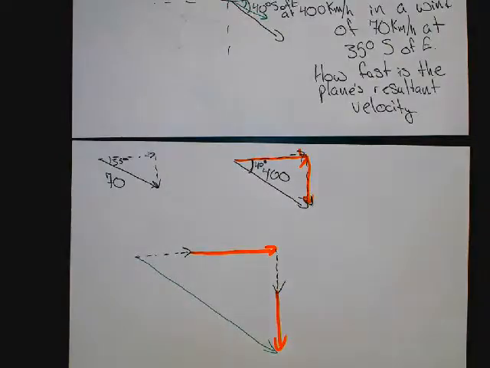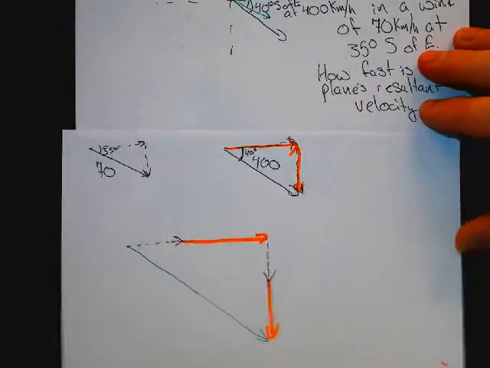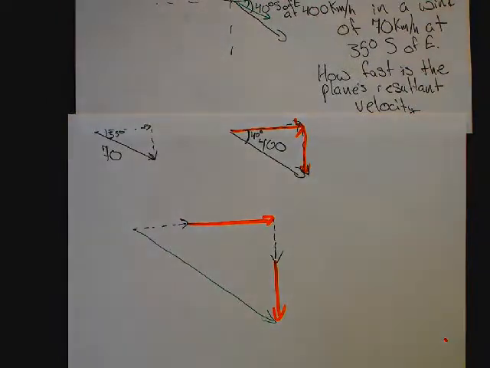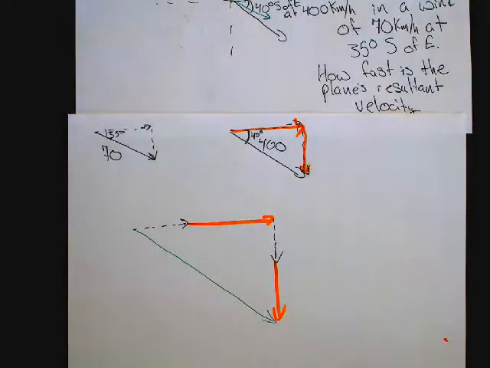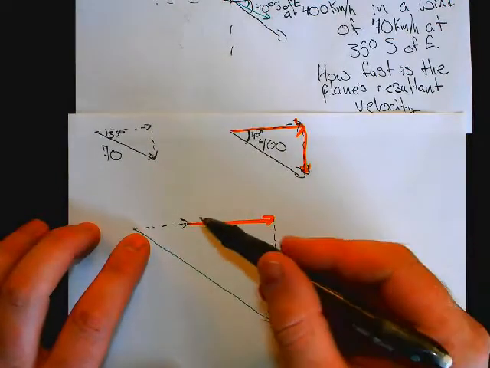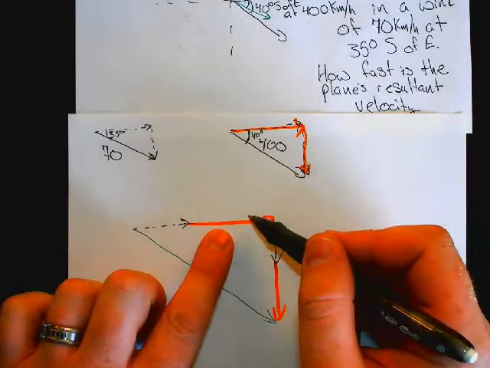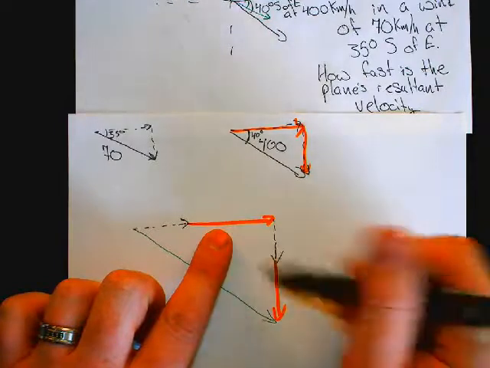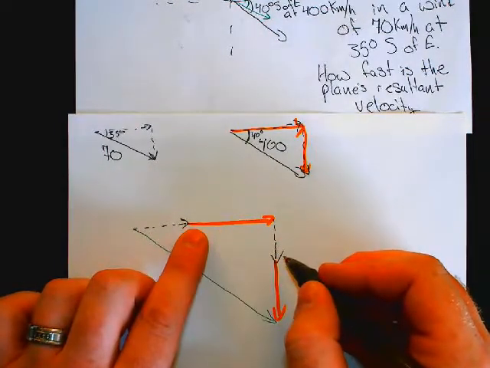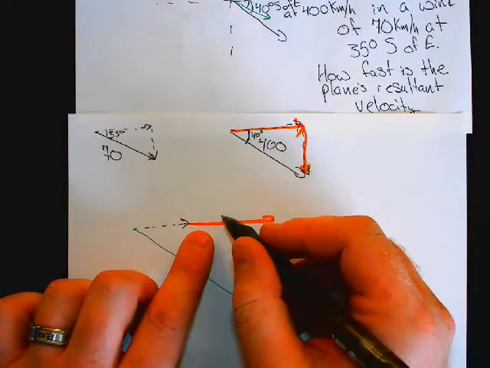Let's re-add them together such that we can find what the plane's total velocity is. All right, what are you guys getting for the plane's components? For the plane? 306.41.